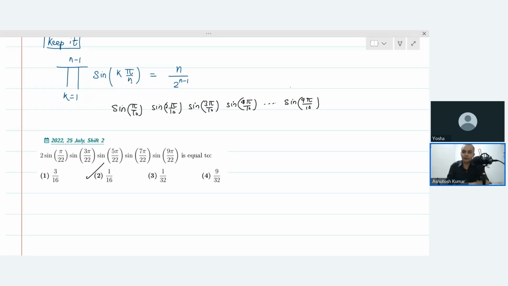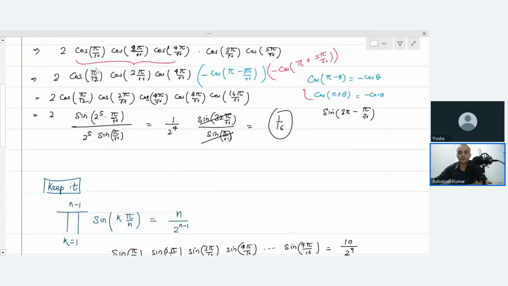So if the n value is 10, the denominator of pi is 10, and we have to take the series up to 9 in the numerator. So it will give 9 pi by 10. Basically it comes from the complex roots of unity, but we are not going into it. So the answer to this you can directly write as 10 by 2 to the power 9. This is the best way you can apply, and we don't have to calculate this much.